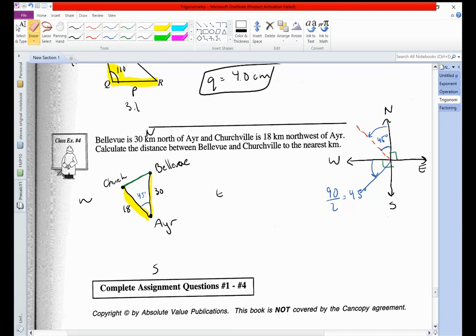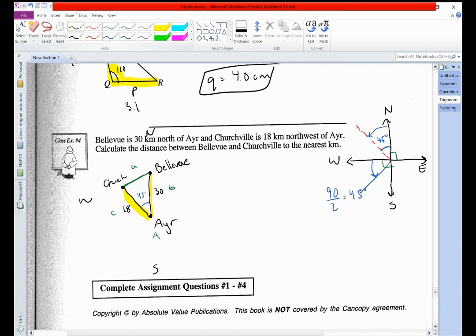So we can label this triangle if we want. We can say that we're looking for side A, this is side B, this is side C, and that makes this angle A for air.